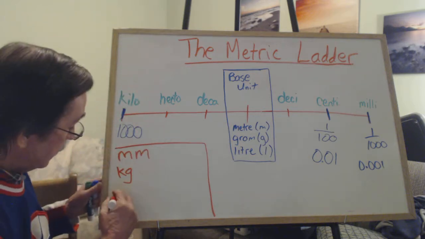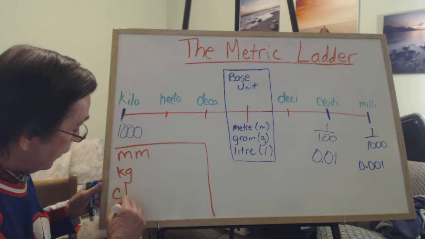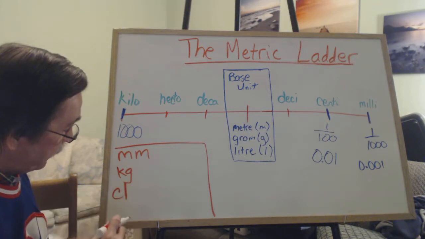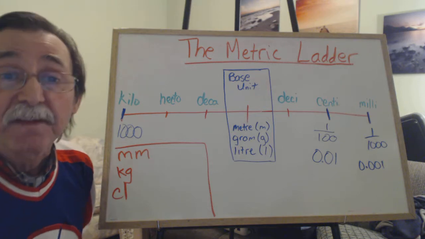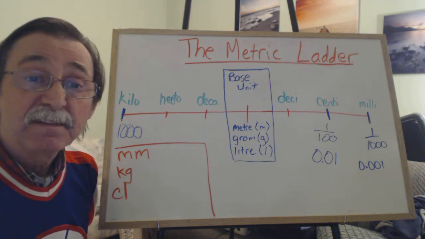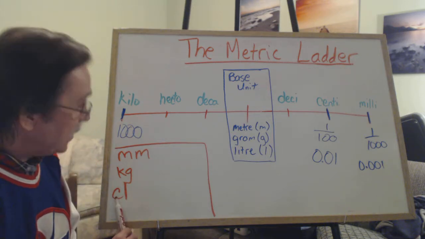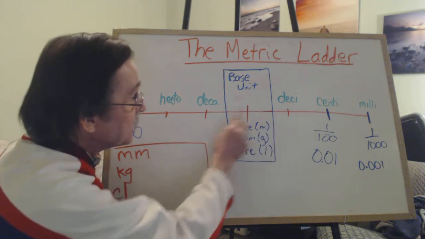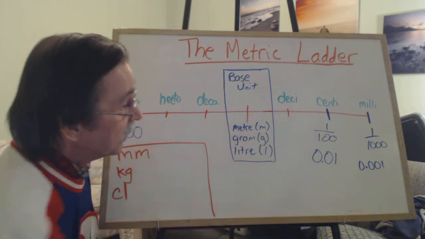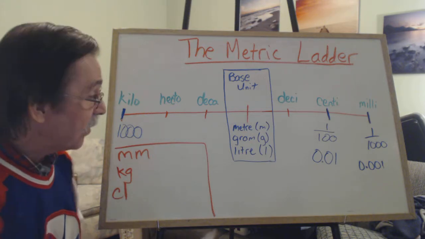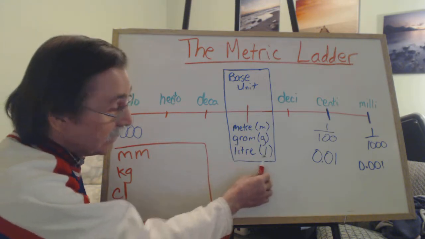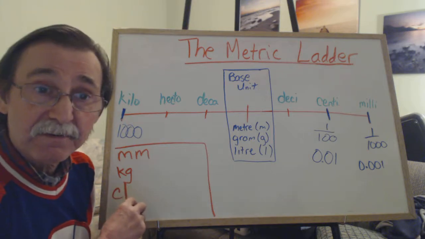CL. What do you think that means? Well, would you see a C? Something starting with a C up top there? Yeah, you see centi. And then what starts with an L in our base unit? Liter. So this is a centiliter.